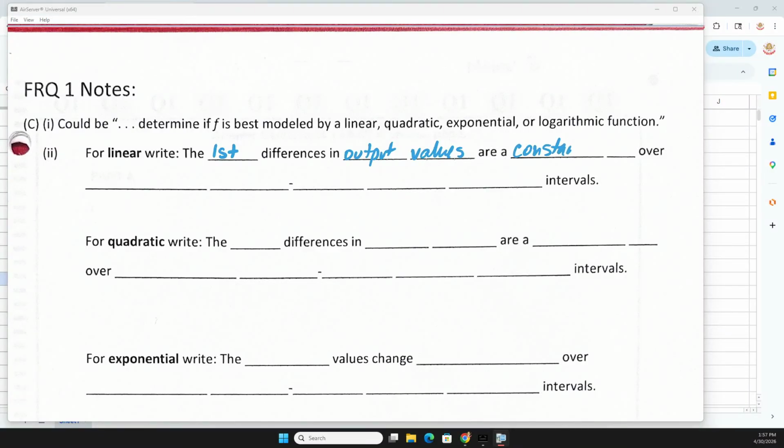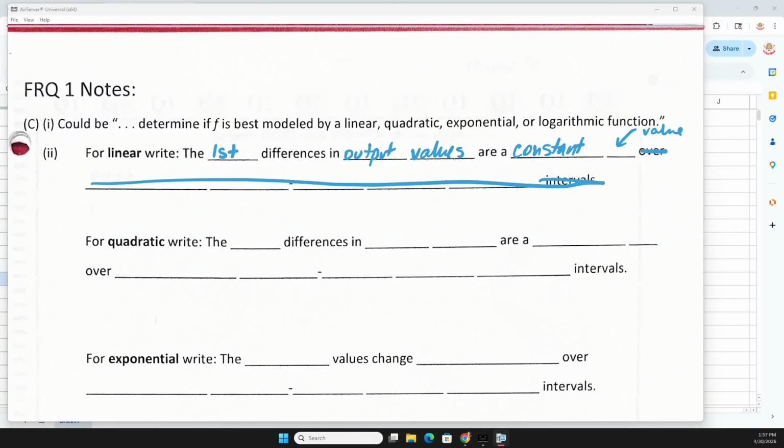And then you do need to put in the value of the constant. So it'll be 2 or -5 or whatever. That's important. Now, in my first couple years, we had to memorize this craziness. We don't do that anymore. We just talk about what the input values are doing. So you have to give a reason based on the change in output values and the change in input values.